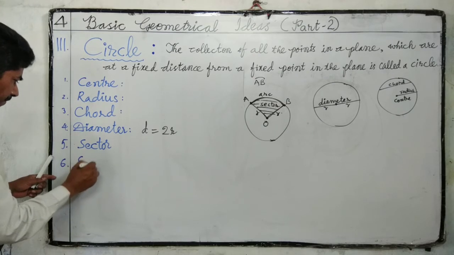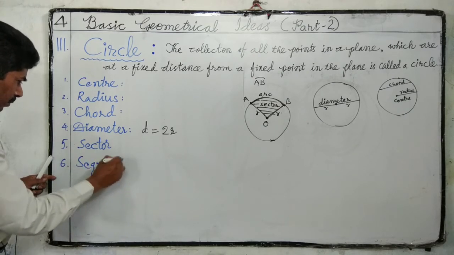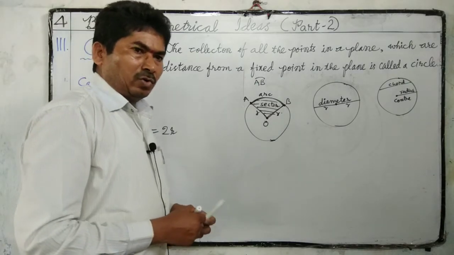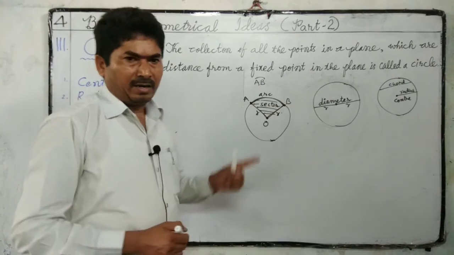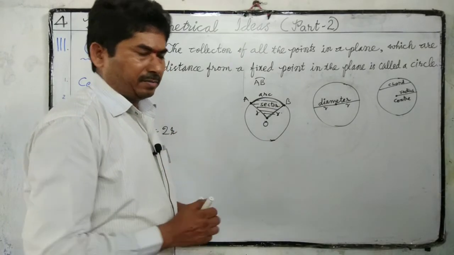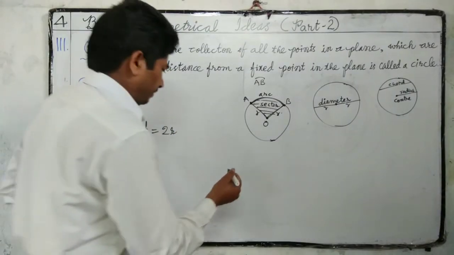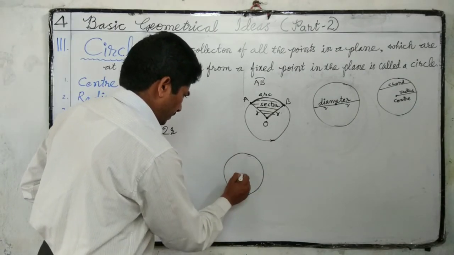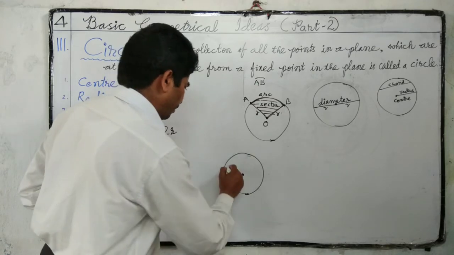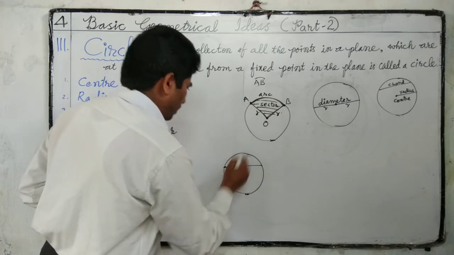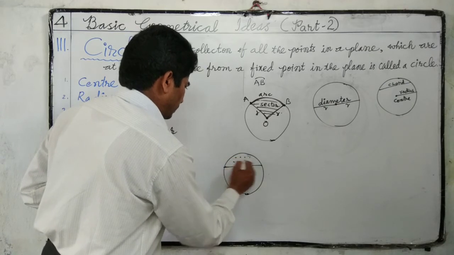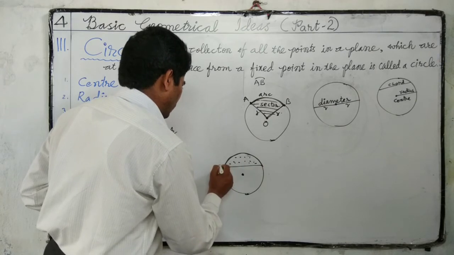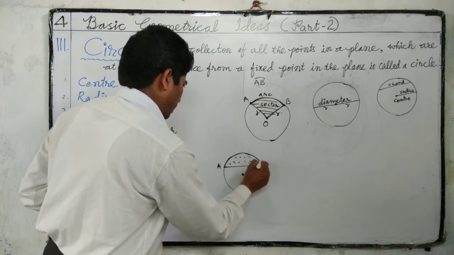Next, segment. Region enclosed by an arc and a chord is called segment. Let us see in a figure. This is a circle. This is arc AB.